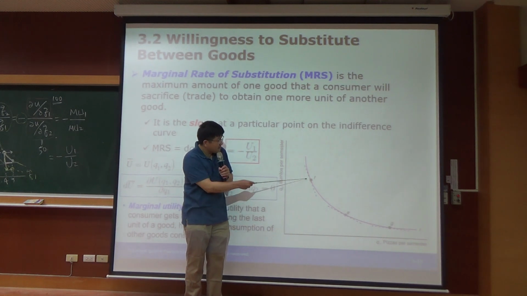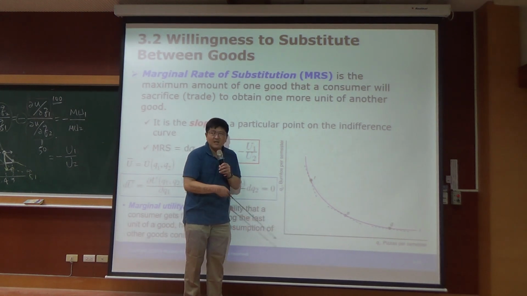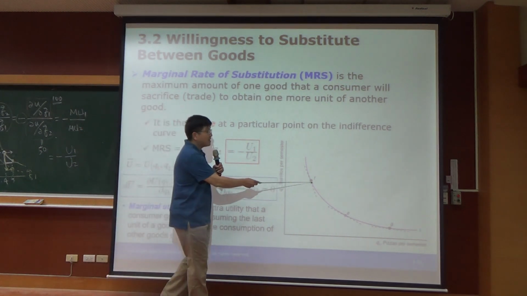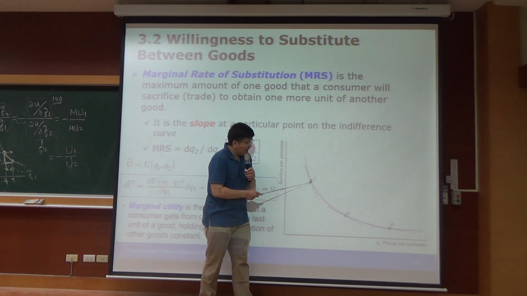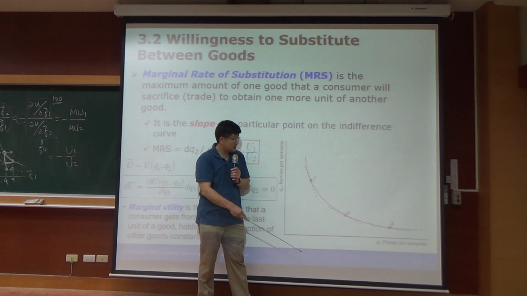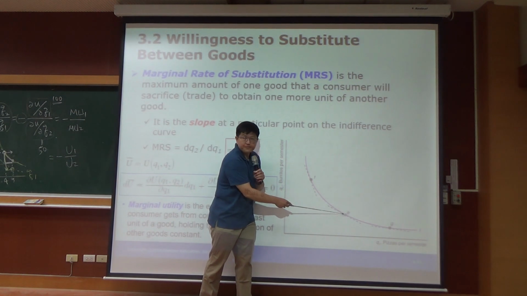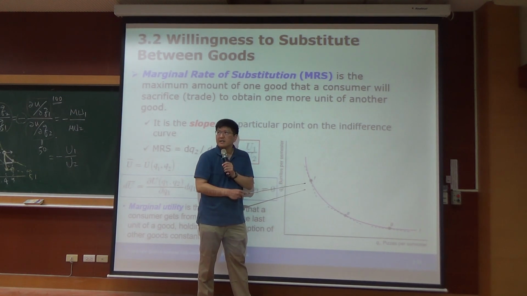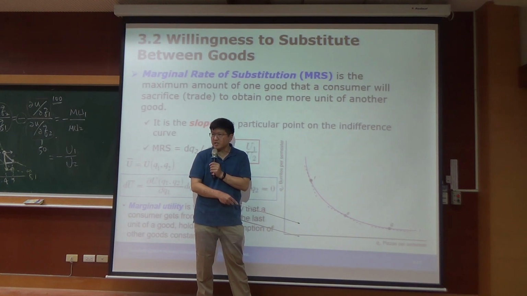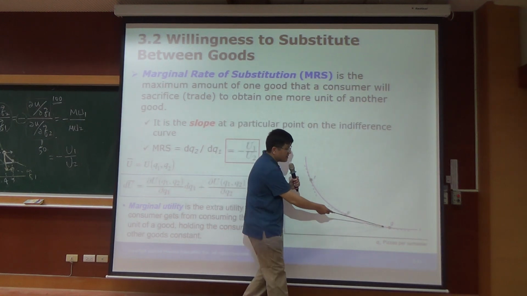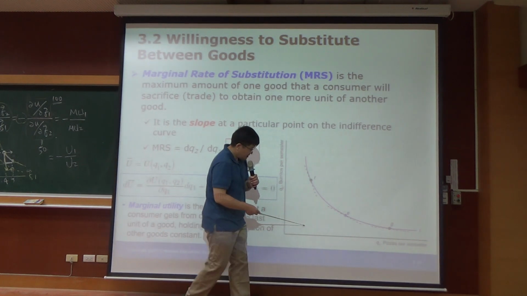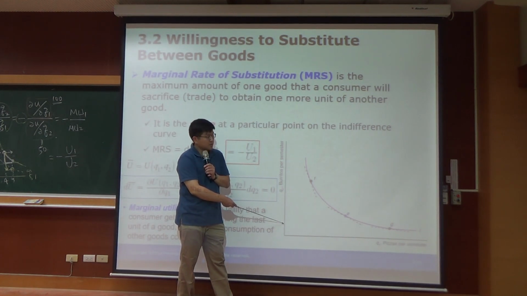If I have a lot of burritos and only a few pieces of pizza, I would sacrifice a lot of burritos. But as the points move along the curve to the lower right, my willingness to sacrifice would decrease.